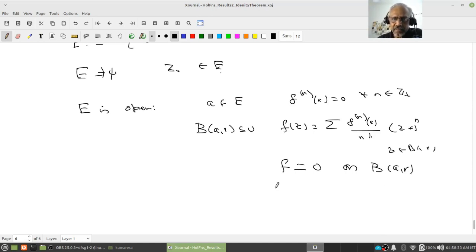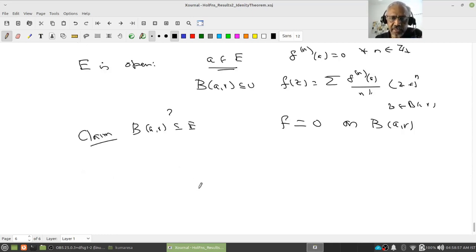Okay. You understood? When I want to say E is open, what I want to show is, let a be there, I have to show that there is an open disk centered at a which is contained in E. I am going to claim this B(a, r) is contained in E. Okay, how am I going to claim?